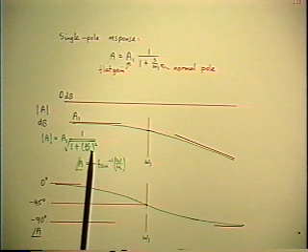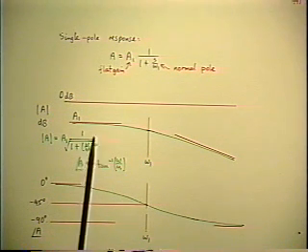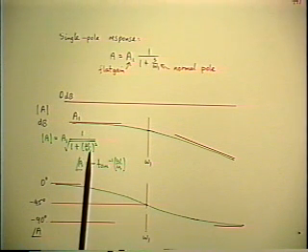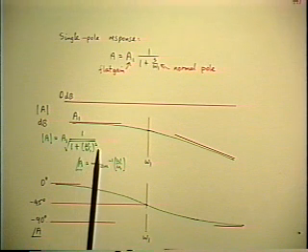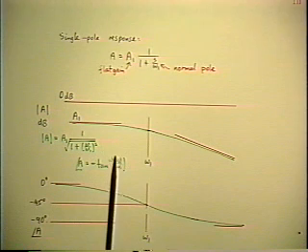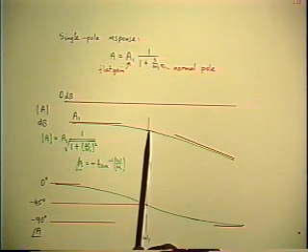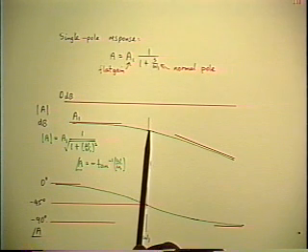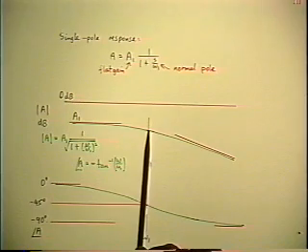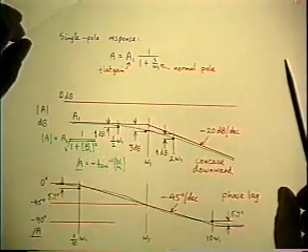If you evaluate that function at the corner frequency, omega equals omega 1, you get 1 over the root of 1 plus 1. 1 over root 2, which is 10 times the log of 2, 10 times 0.3010 is 3.01. You forget the 01 and you say that this is the 3 dB down point. So the actual magnitude at the corner frequency is 3 dB below the asymptote intersection.